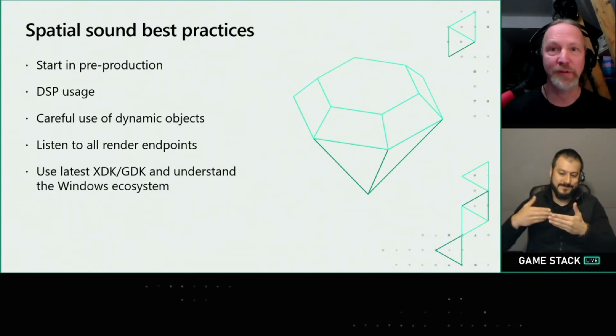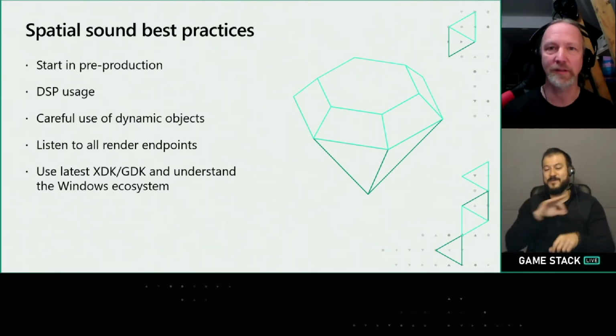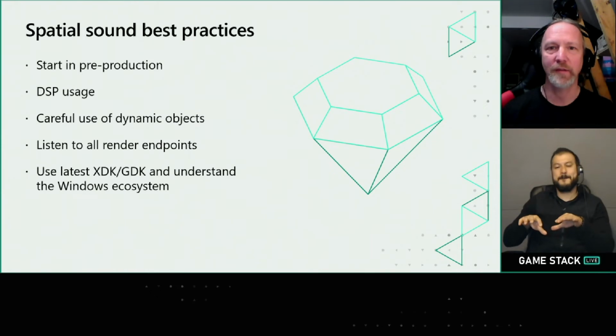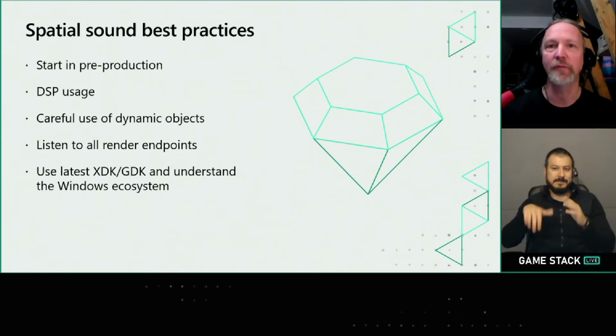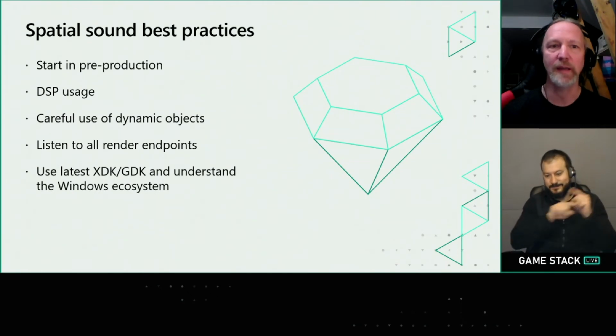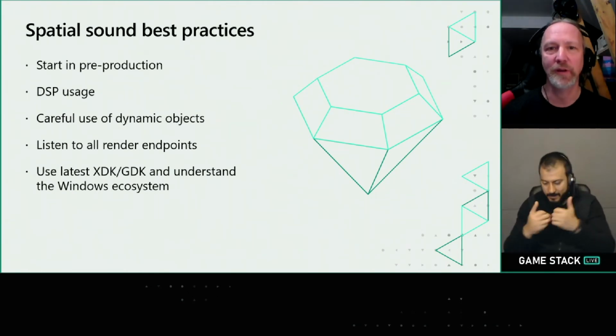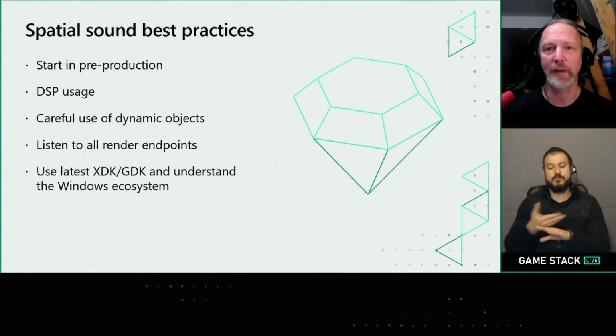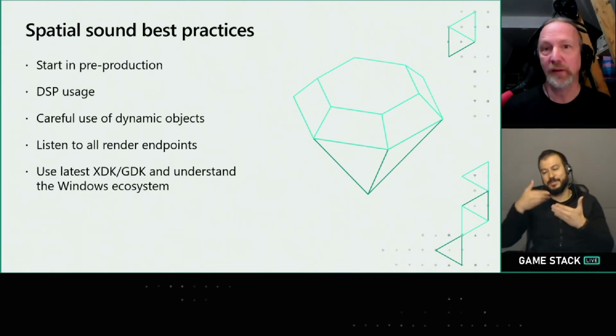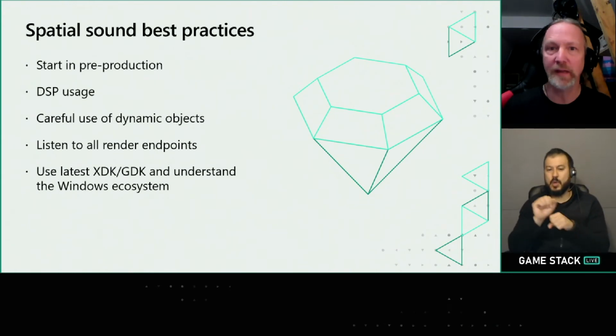And a lot of times those features get dropped because there wasn't enough time to see all the consequences of bringing a new feature into the game. So start in pre-production as much as you can. It will make your life a lot easier as you're working with spatial sound from the beginning of your project.